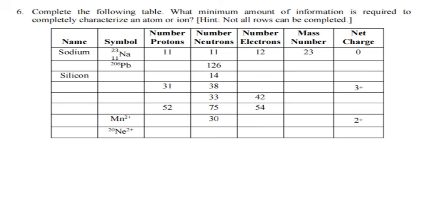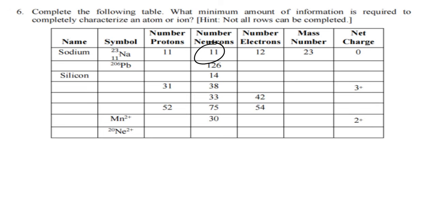They've told us the mass number in this case for sodium is 23. The number of neutrons, we're saying it is 11. So 11 plus 11 is 22. Where is that proton?